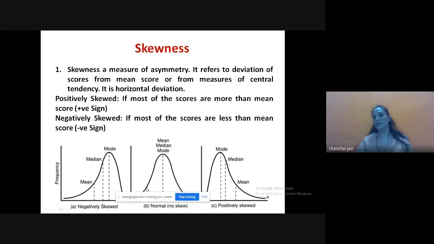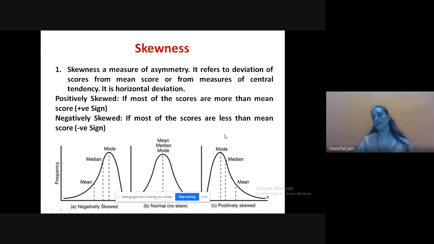So you can see the second graph is normally distributed, but the first and third are not normally distributed. In the first image, you can see the left tail is long. It indicates that the data is negatively skewed. Similarly, in the last graph, you can see the right tail is long.